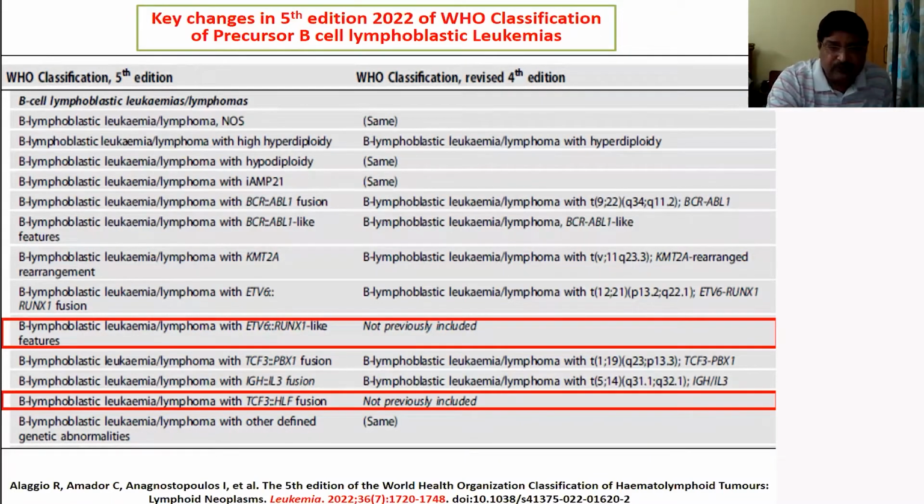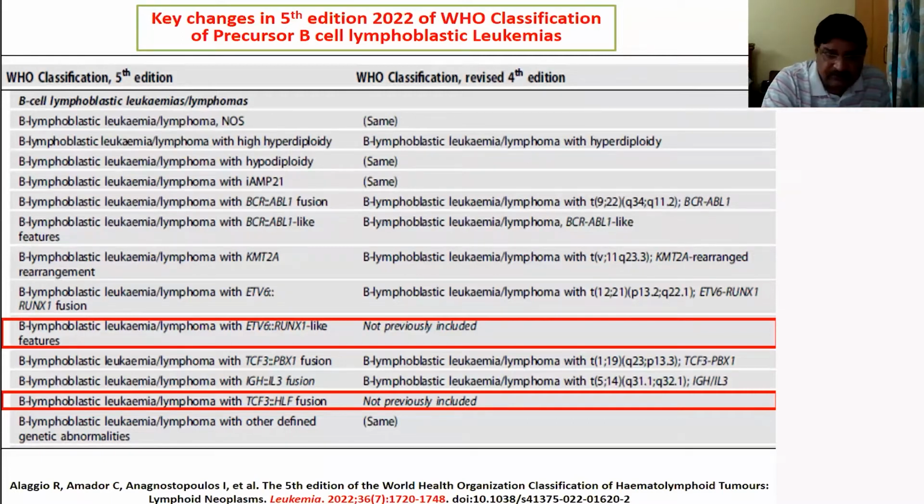You have the same with high hyperdiploidy, with hypodiploidy, interstitial amplification of chromosome 21 or iAMP, ALL with BCR-ABL1 fusion, ALL with BCR-ABL1-like features, and you have the KMT2A rearranged ALLs, and the ALLs with ETV6-RUNX1 fusion. These entities exist in the new classification as well.